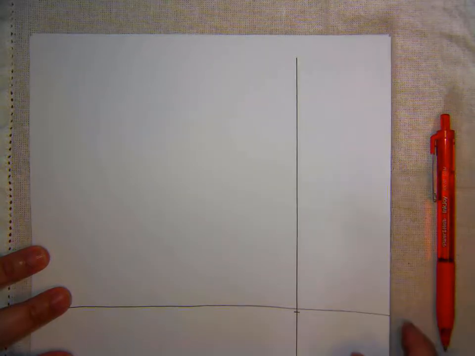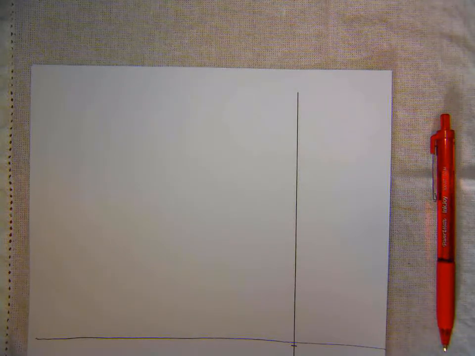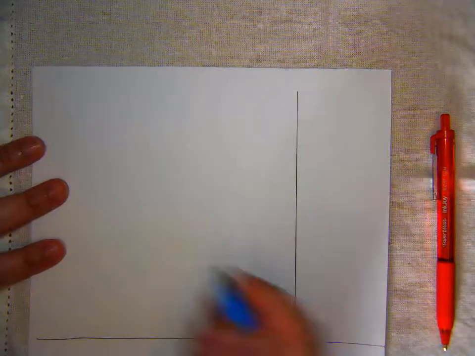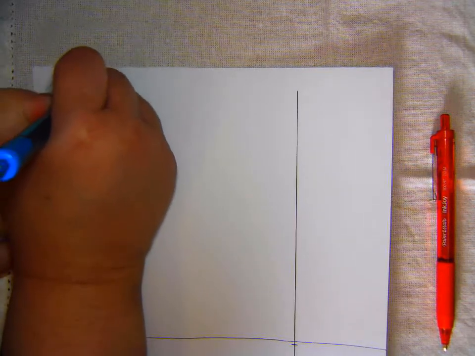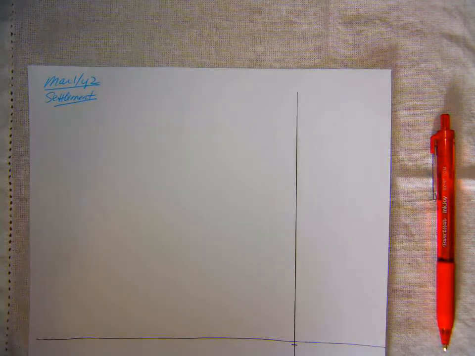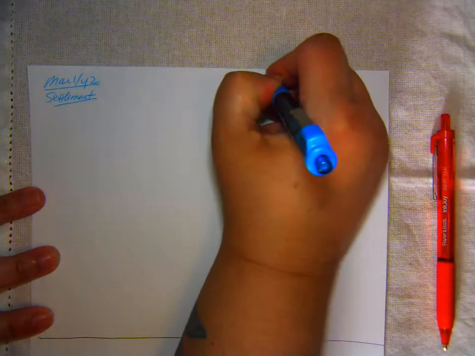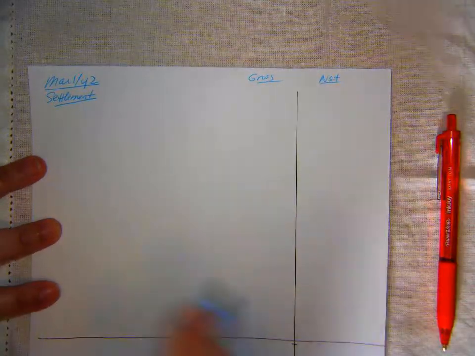Okay, so we are now at settlement, which was, I can't remember the date, March 1st, year 2. So, settlement. The first thing, and again, this is gross and net, and we'll do the net after.